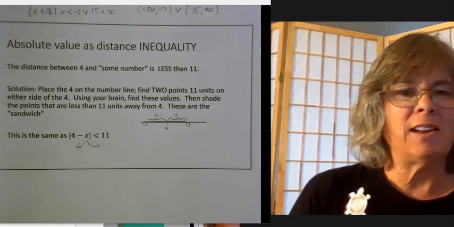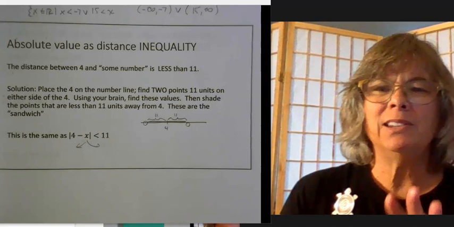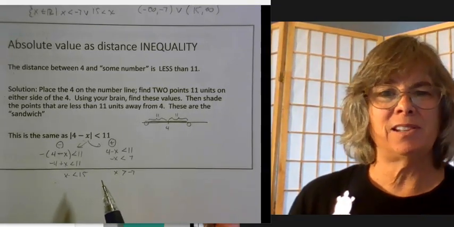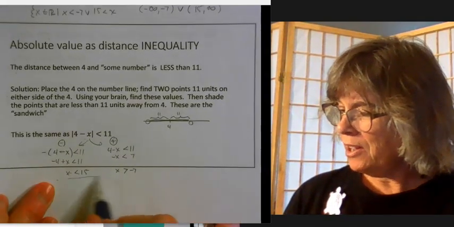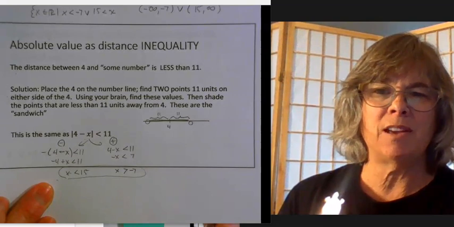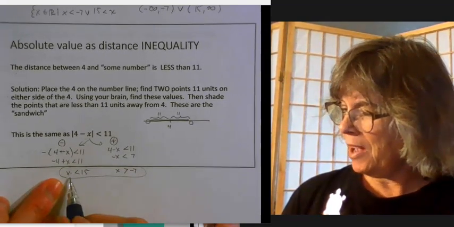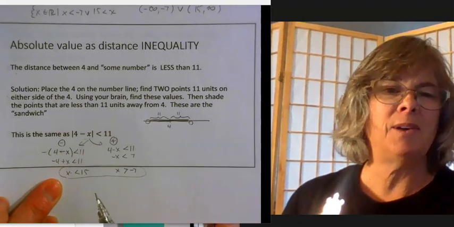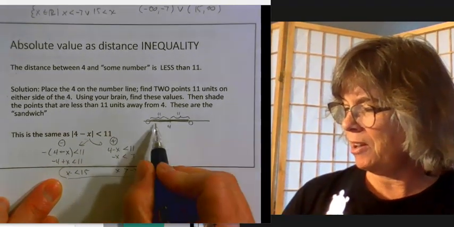And so let's do that and see what happens, because it'll have a little different feel, but the values will be the same. Now notice we're completely consistent. But what I want to look at is that I have to have both of them true, that I'm looking at x is less than 15, and at the same time, it has to be greater than -7.